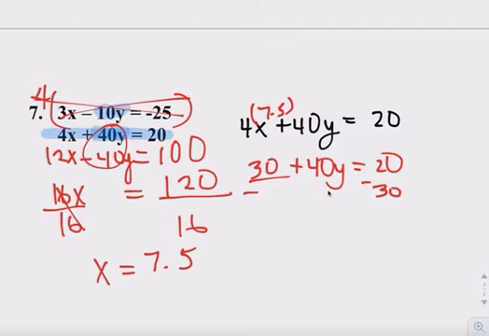Oh, what am I doing wrong, guys? Am I doing anything wrong? It's 30. Okay. It's 10.